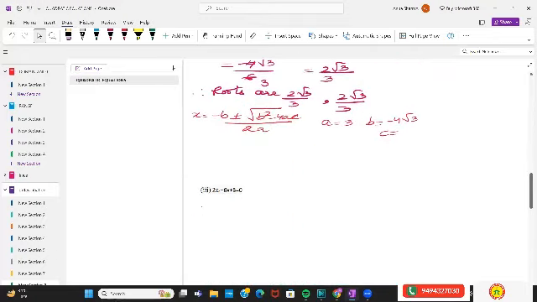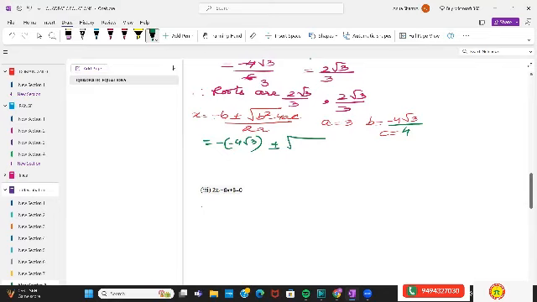It was 4, so you will write here 4. Okay, so minus B. Already minus sign is there and minus 4 root 3, so you will write minus 4 root 3.